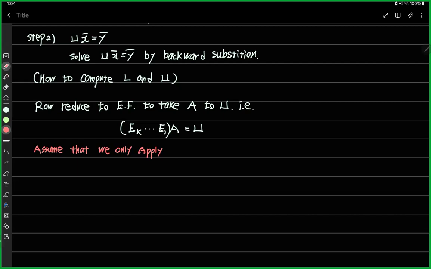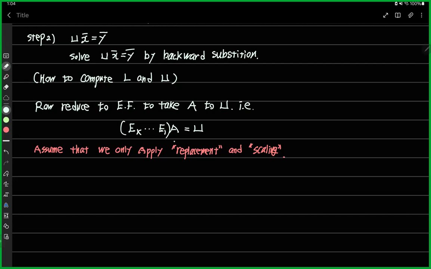So we're not going to apply the interchange. We only apply replacement and scaling, which means that we're not going to swap the rows. Think about why we don't apply the interchange. I'll tell you later.